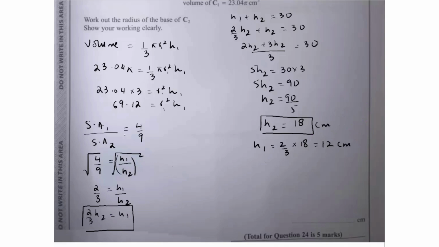Now we're going to find the value of r1, and we're going to use that to figure out the value of r2. So for r1, we're going to use this equation. 69.12 equals r1 squared times h1, which is 12. So 69.12 divided by 12, square root, equals r1, which is going to give us 2.4.